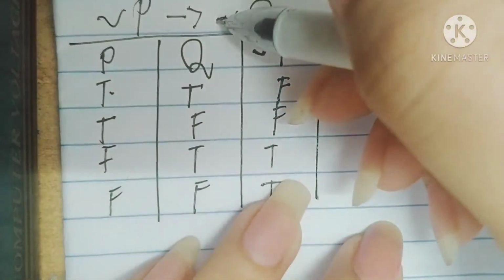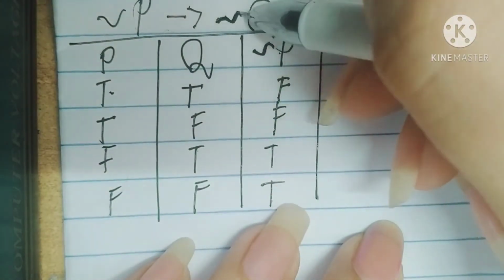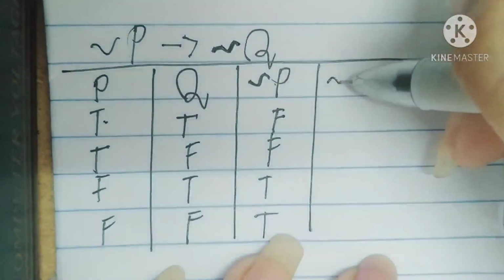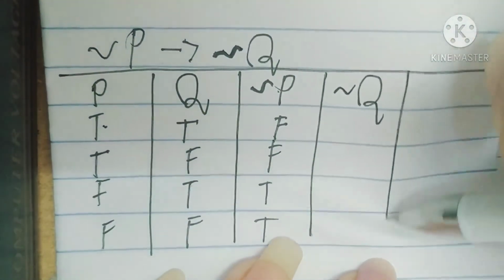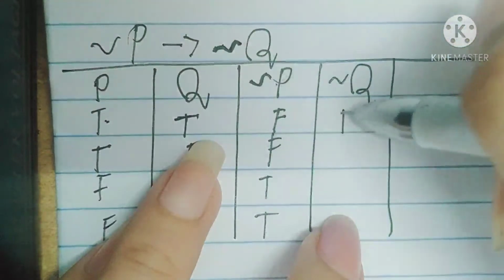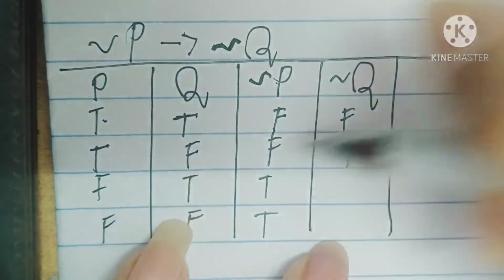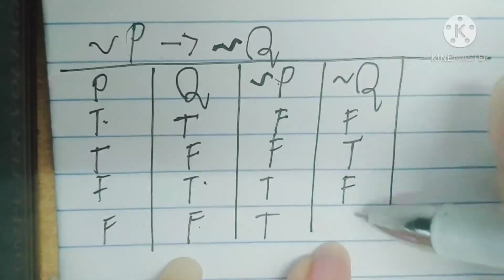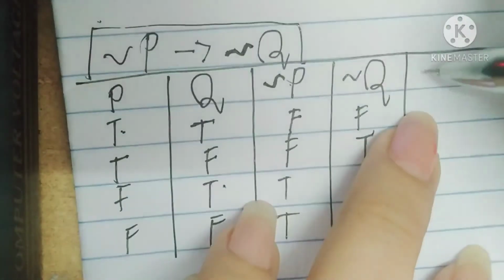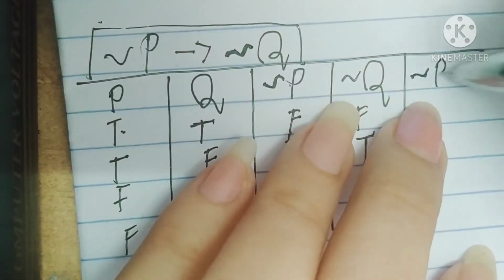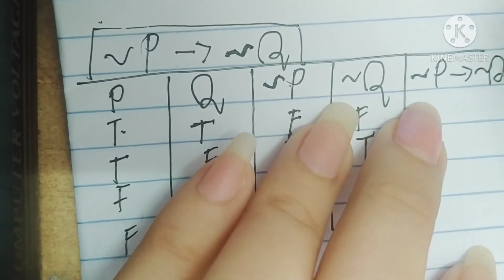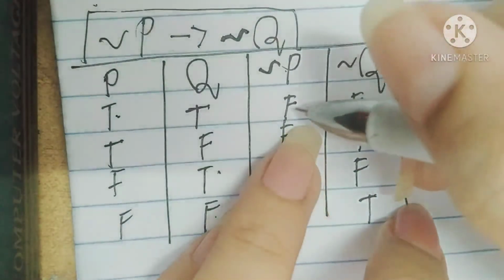And since you still have to negate the Q also, the true will become false, the false will become true, the true will become false, the false will become true. And lastly, you can now solve for this proposition: negation of P, then negation of Q.